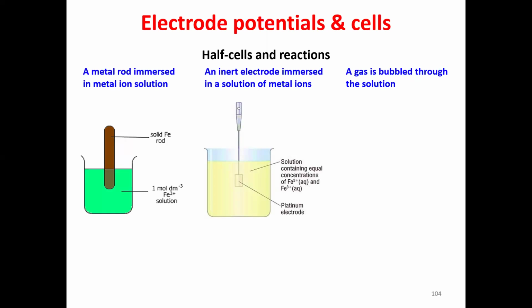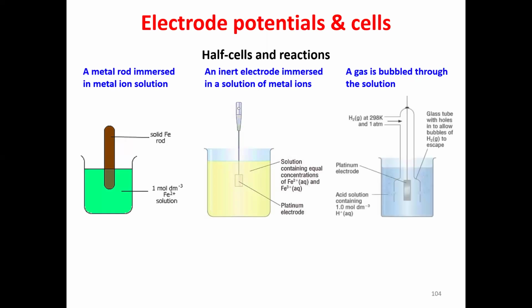These are all very famous examples. And the third one is a special electrode, on the right side, where hydrogen is the input and the gas basically comes out from the solution. These are the three important half cells.